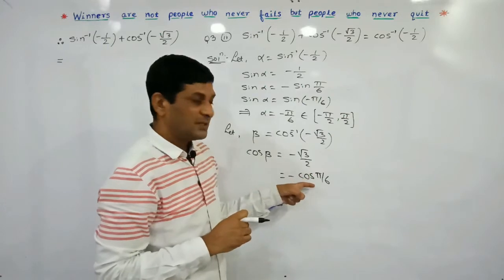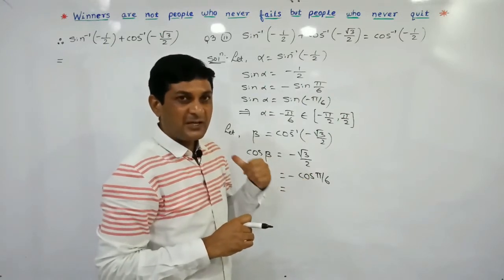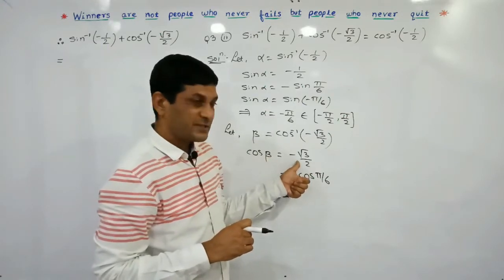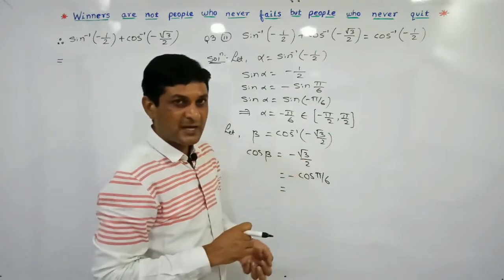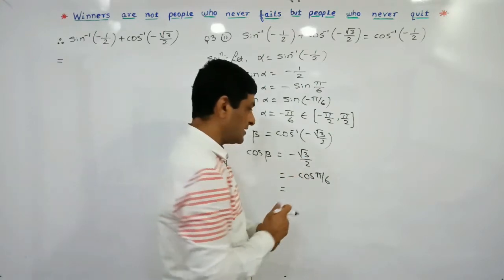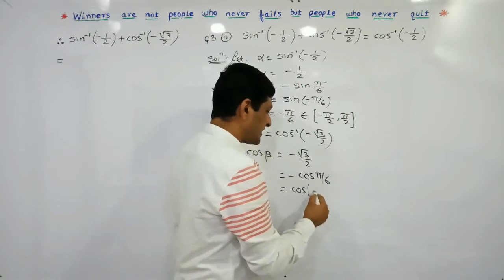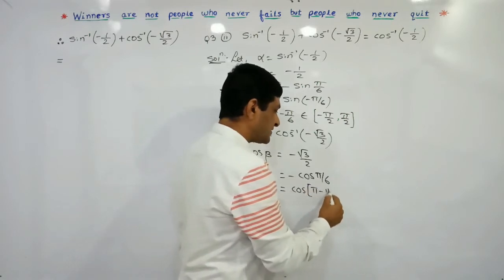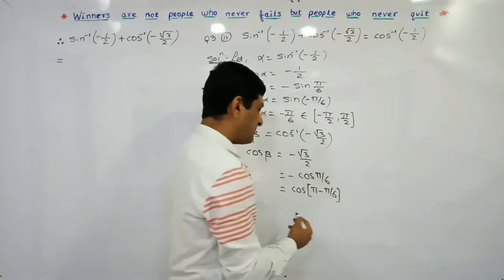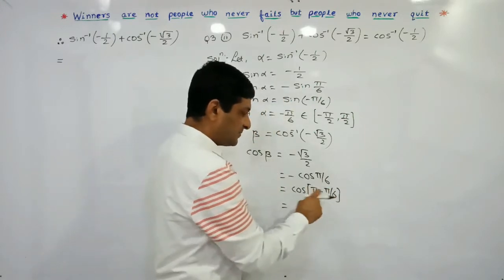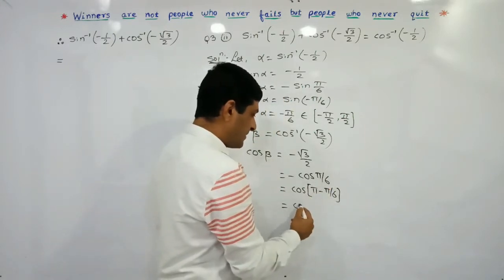So we are searching for another value which lies in the second quadrant. So minus cos theta, according to allied angle formulas, can be written as cos pi minus theta. Theta is pi by 6 here. So after simplifying it, we will get 5 pi by 6.